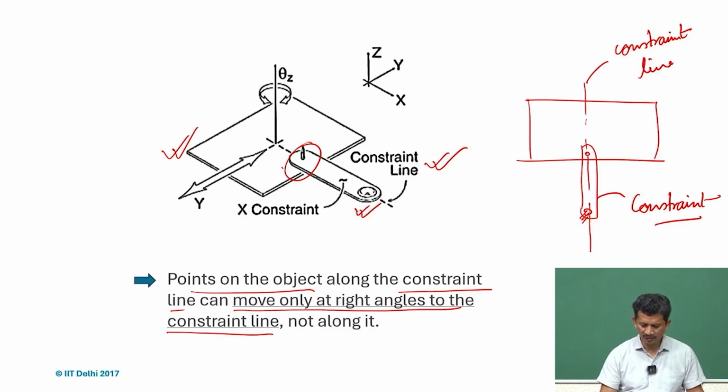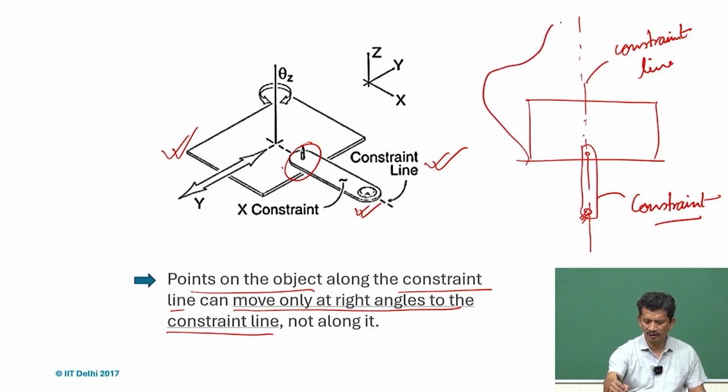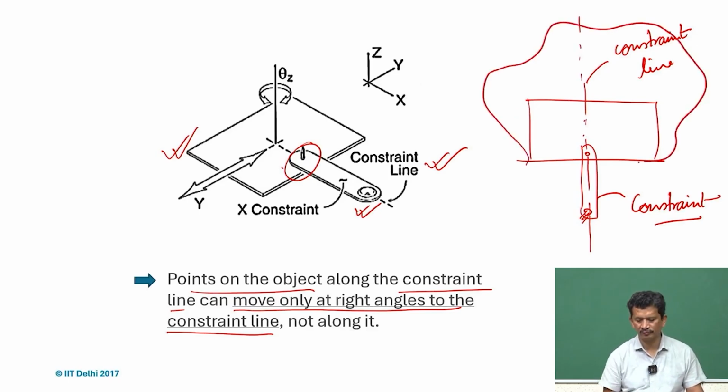What it says is, the moment we provide a constraint, the points on the object along the constraint line, any point you can extend, any object, it can be any irregular shape also, any point along the constraint line can move only at right angles to the constraint line.